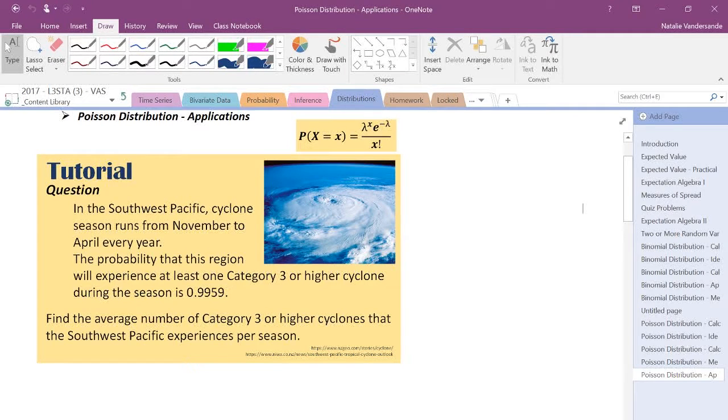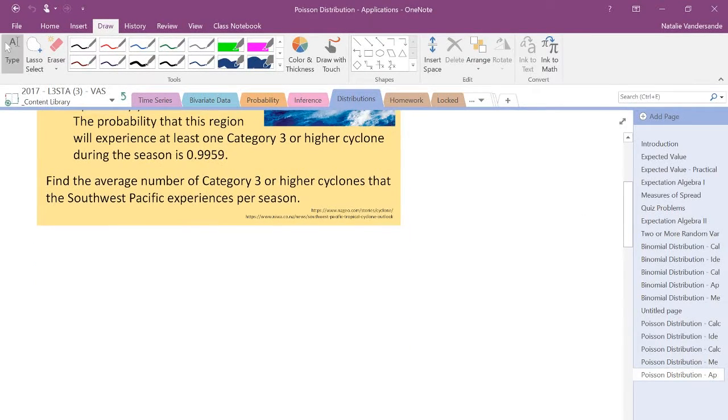Let's first write down what we know from the question. So we know the probability of at least one cyclone is 0.9959.